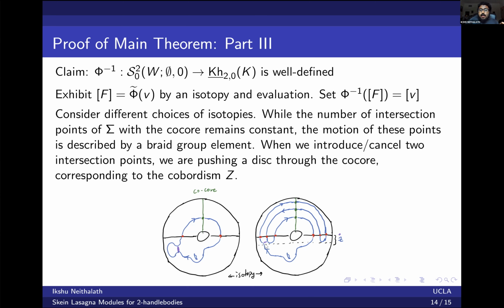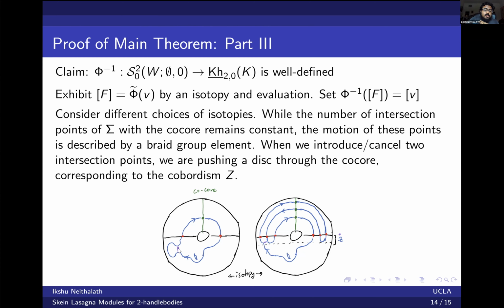The picture on the right, however, if this surface were cut at that purple region, then you wouldn't get zero, but what you'd get is something in the image of the cobordism for Z, because the region between this dotted line and this boldface line is the Z cobordism. Okay, so again, it'd be equivalent in the cabled Khovanov homology.